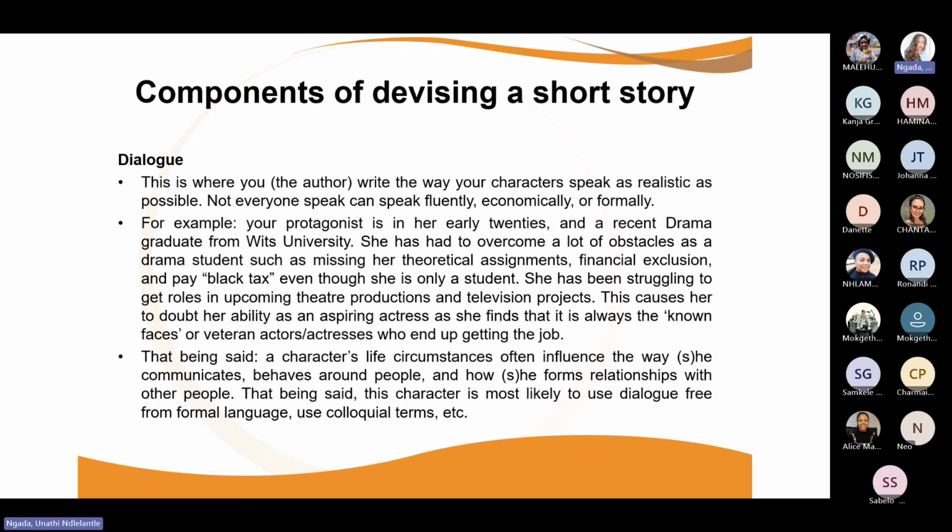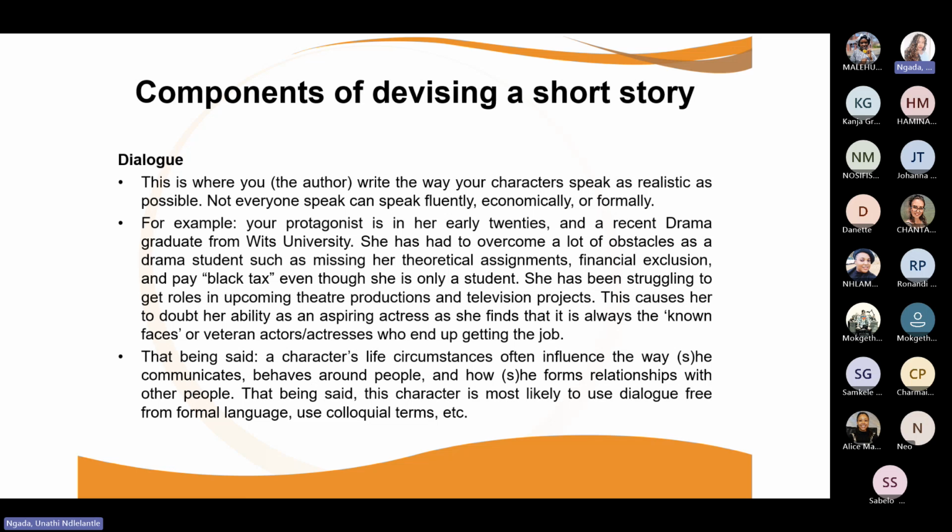So if your protagonist here, for example, is in her 20s, she recently graduated in drama or even music from a university, and because of that, during her studies, she's had to overcome quite a lot of obstacles such as financial exclusion, not being able to get a place at res because she's owing the institution so much money. Obviously, she's not going to be someone who speaks so economically, so formally, unlike someone who is a vice president of a company.